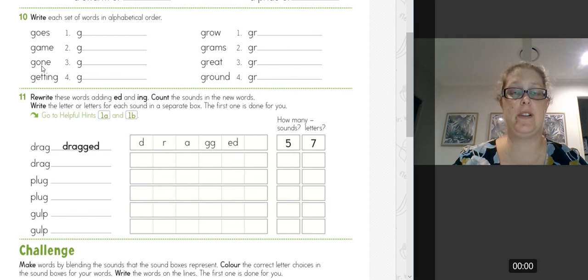They both have an O as the second letter. So I'm going to have to move to the third letter to figure out which one comes next. So looking at the third letter, goes has an E and gone has an N. So if I go through my alphabet, I can sing it in my head, goes with the E would come next. So I would write that on my third line, leaving gone on the 4th line.